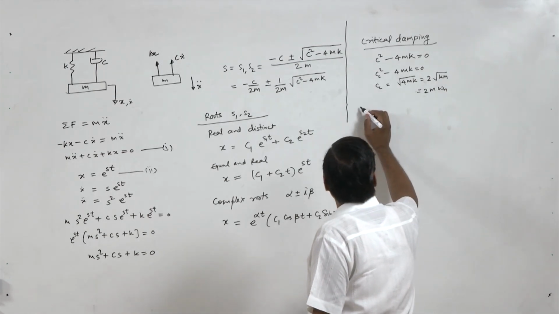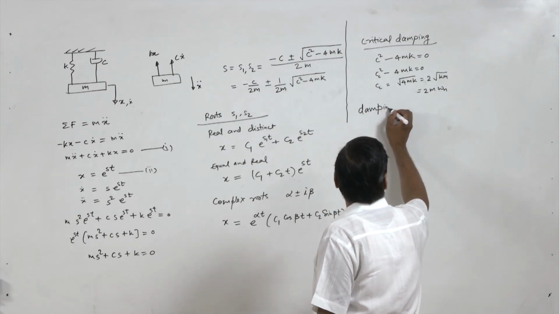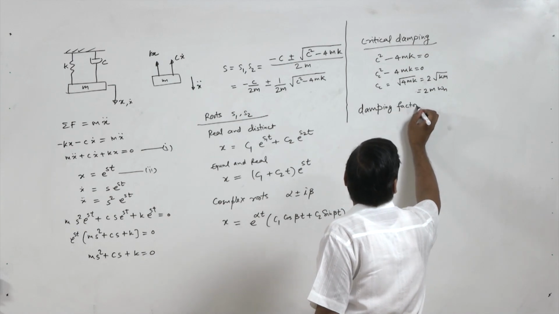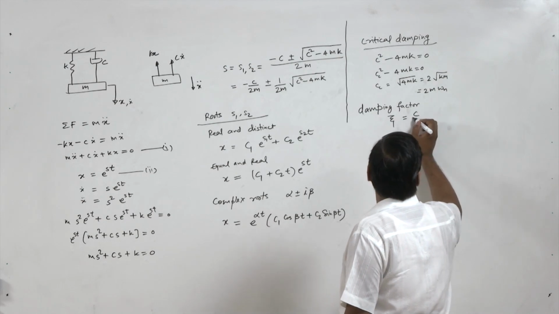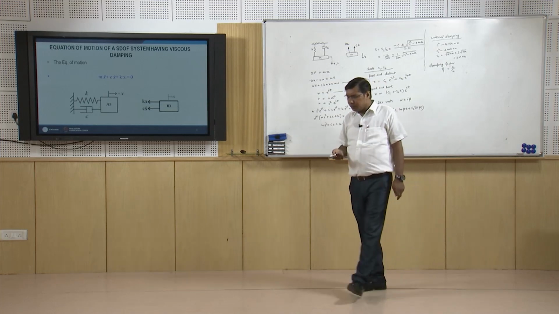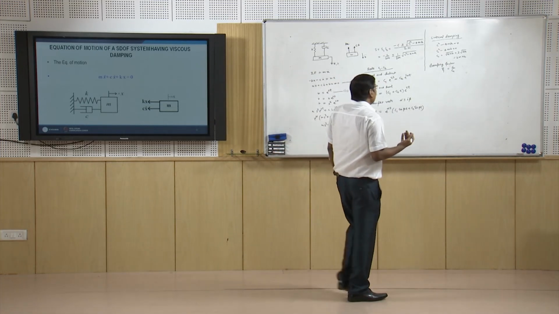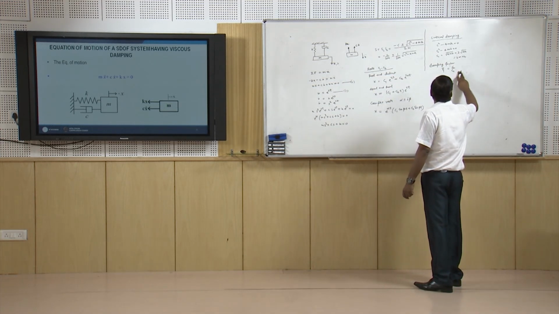Another thing we define, that is damping factor. So damping factor zeta equal to c by cc. So c is the actual damping value and cc is the critical damping value. So the ratio of this is c by cc.